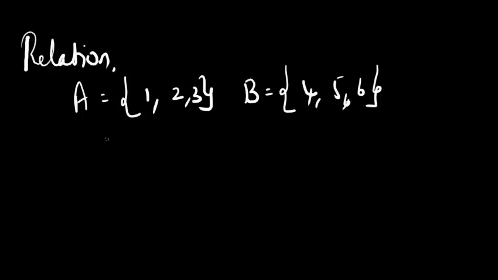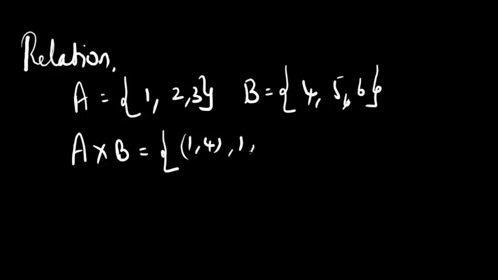Now let me consider the Cartesian product or the cross product between two sets, which is A cross B. The Cartesian product between two sets is going to be 1, 4, 1, 5, 1, 6. These are the set of ordered pairs where the first element of the ordered pair is from the first set and the second element is from the second set.